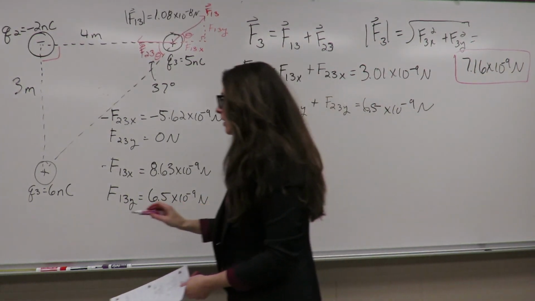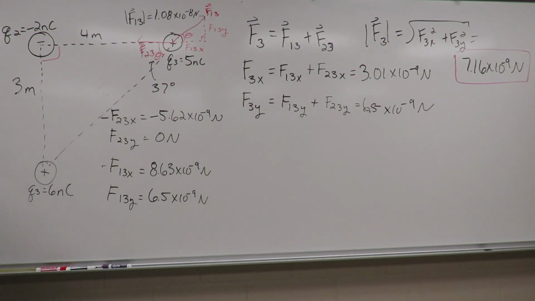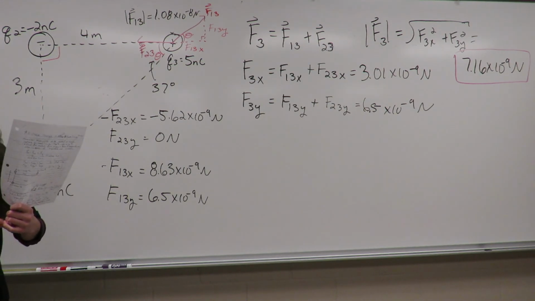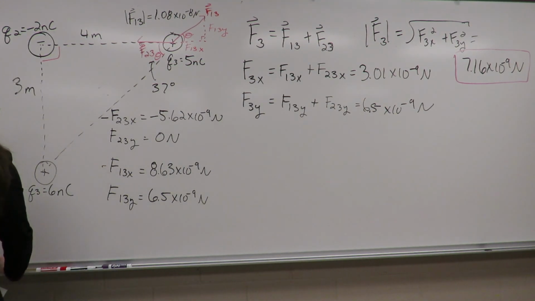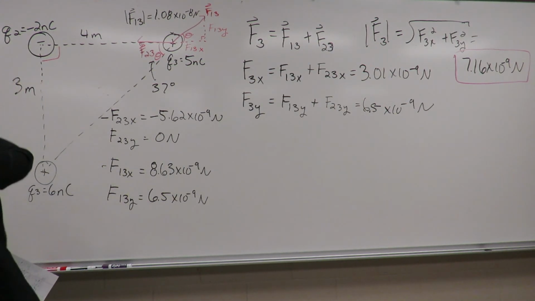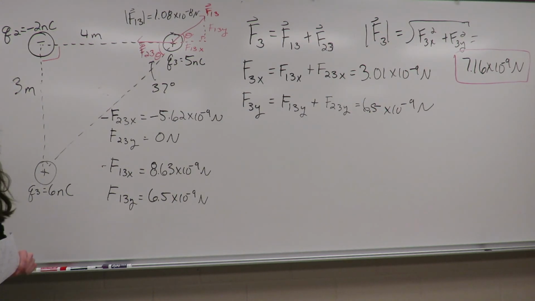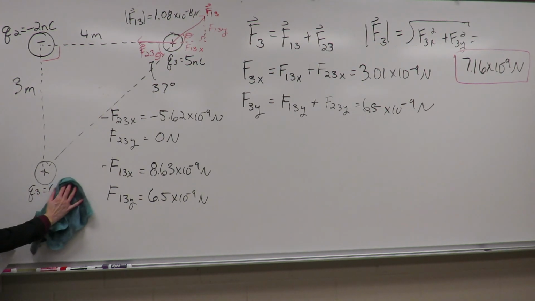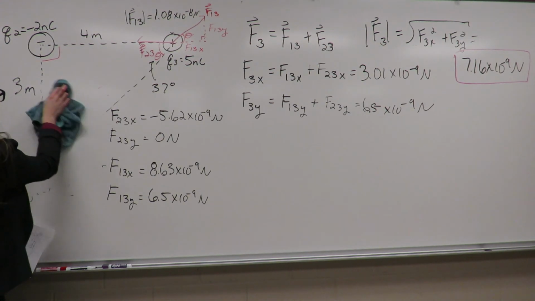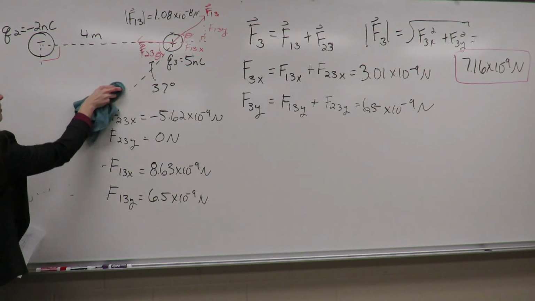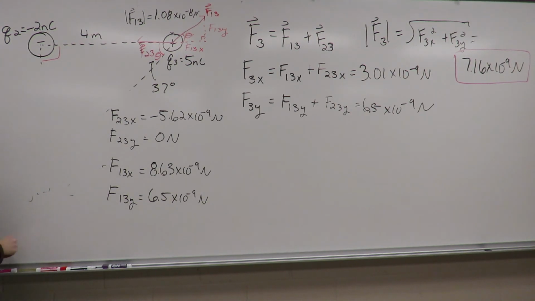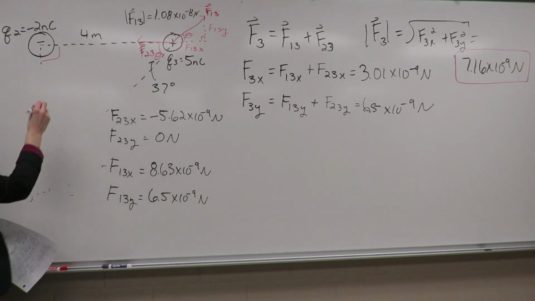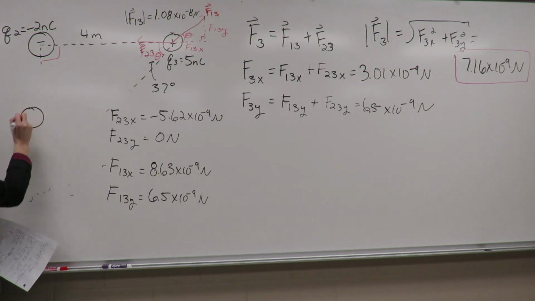But we need the direction, because vectors actually have both a magnitude and a direction. So what I'm going to do is erase what we've got written right here. Okay. And I want to look again at my charge Q3.